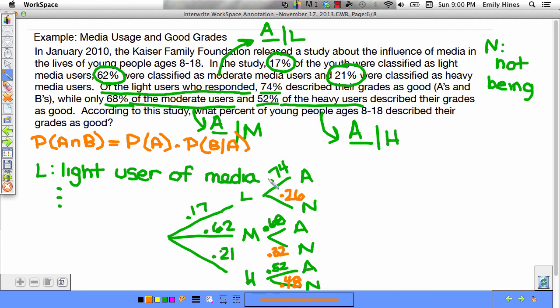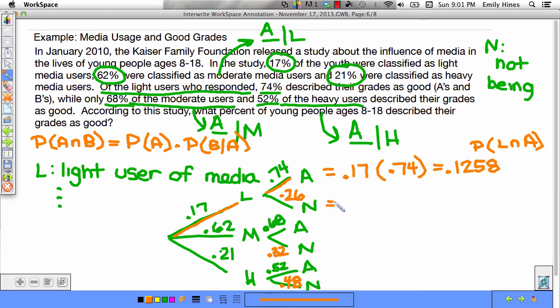The probability that they are a light user and they had good grades would be the probability that they are a light user, 0.17, times the probability that they got good grades given that they were a light user. So I just follow this trail. Okay, so if I multiply these I get 0.1258, that's the probability that they are a light user and they made good grades.